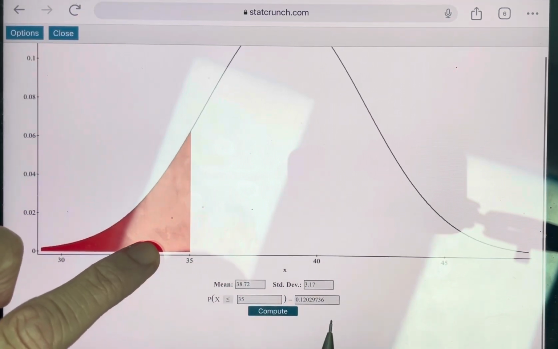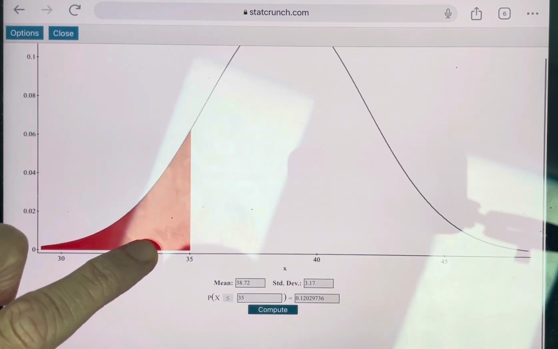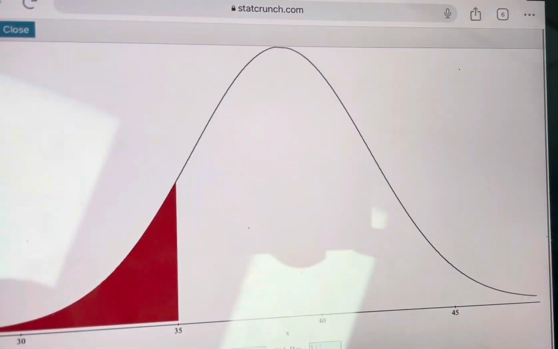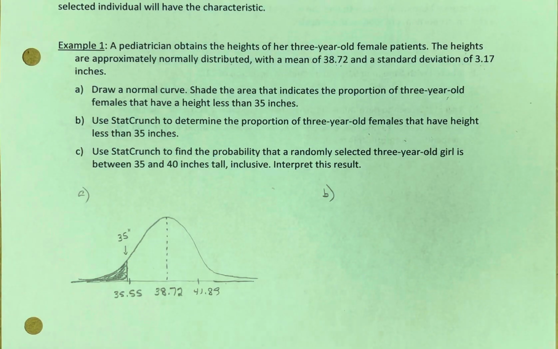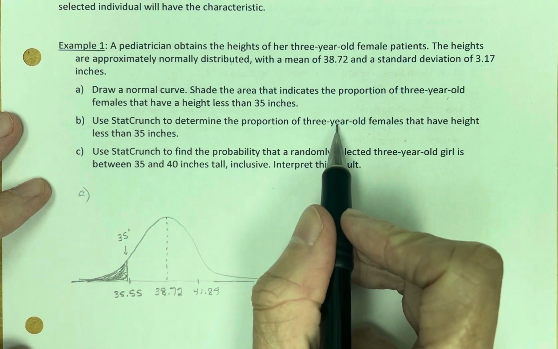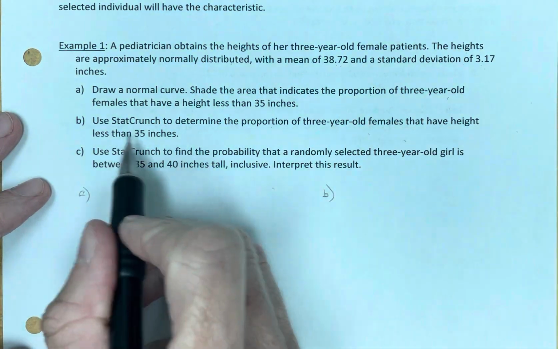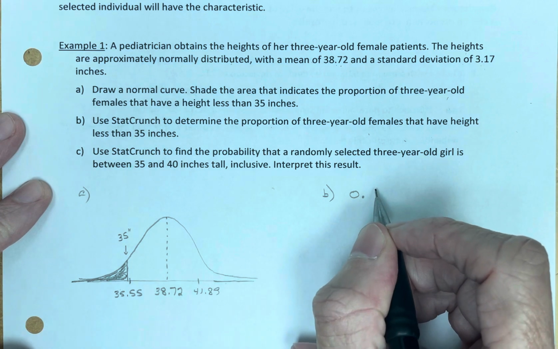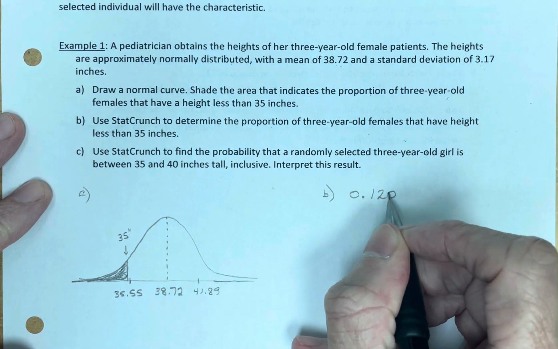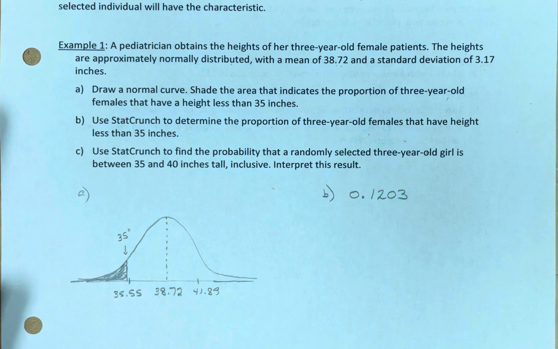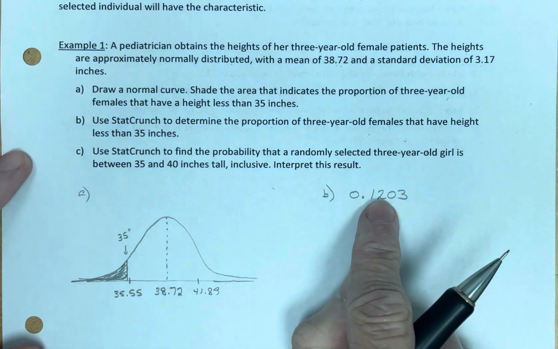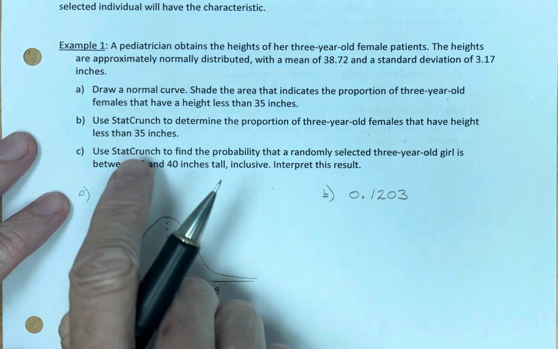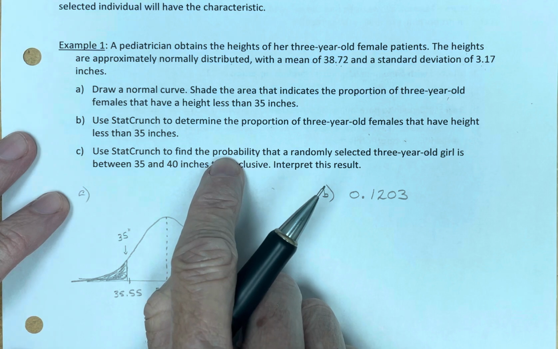Look right down here, 0.1203 to the 10,000th place. So the proportion of 3-year-old females that have a height of less than 35 inches is 0.1203. Let me double check to make sure. Yes, that's the proportion.